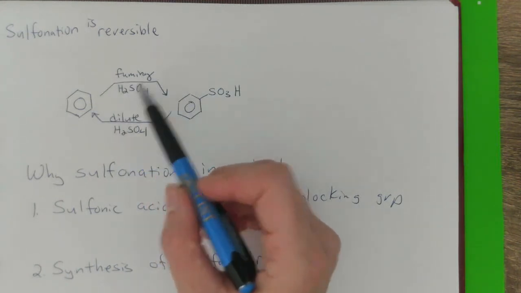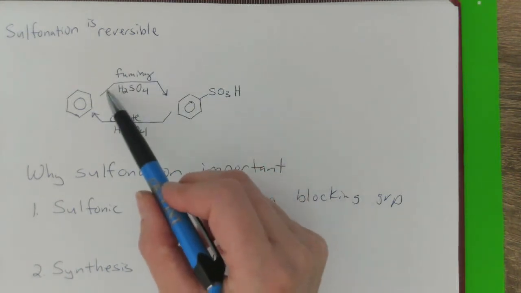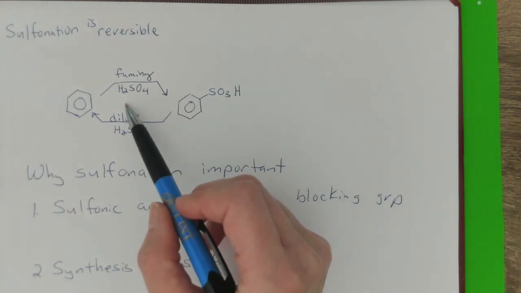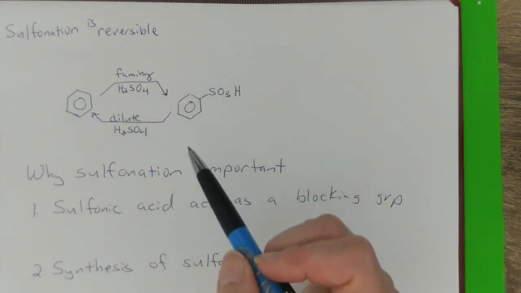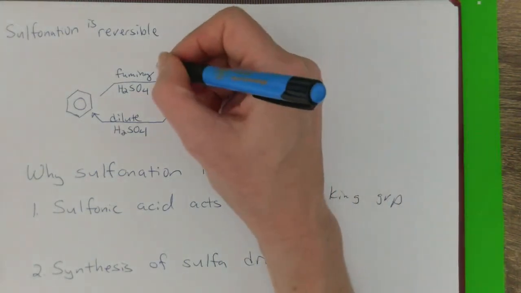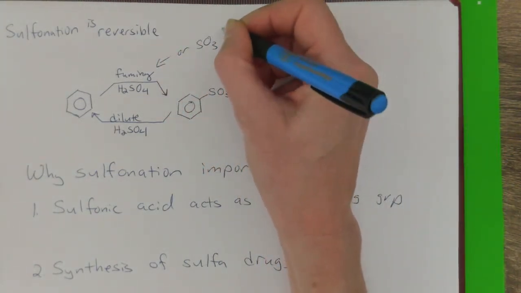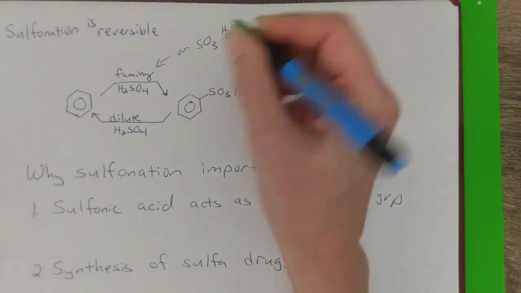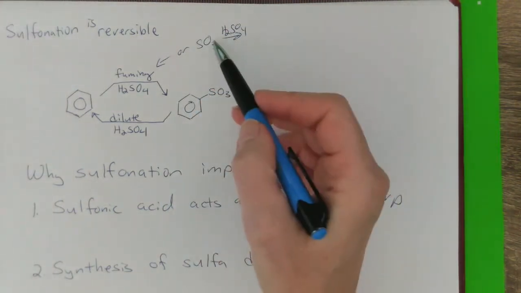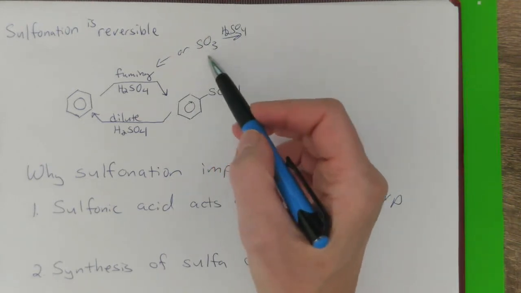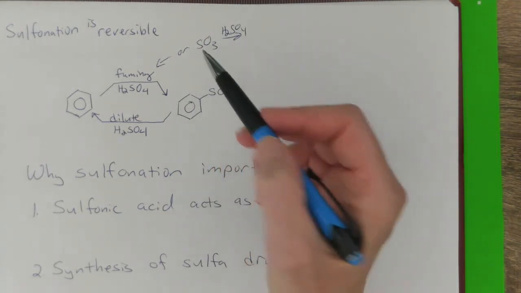So we can use, again, Klein writes it out like this, fuming sulfuric acid. And you'll see me just write SO3 with H2SO4 here, and that's going to mean the same thing. I tend to write it out like this as a reminder to you that this is serving as our electrophile.